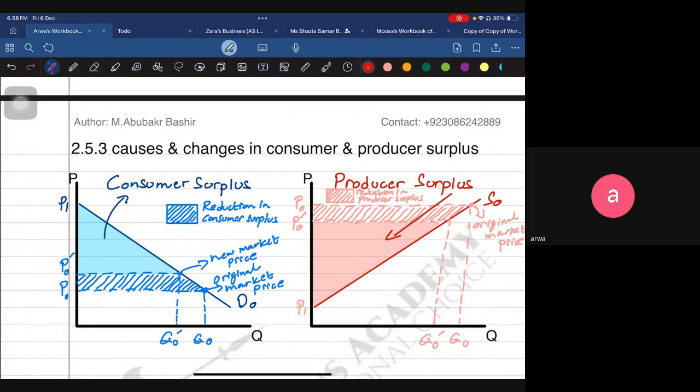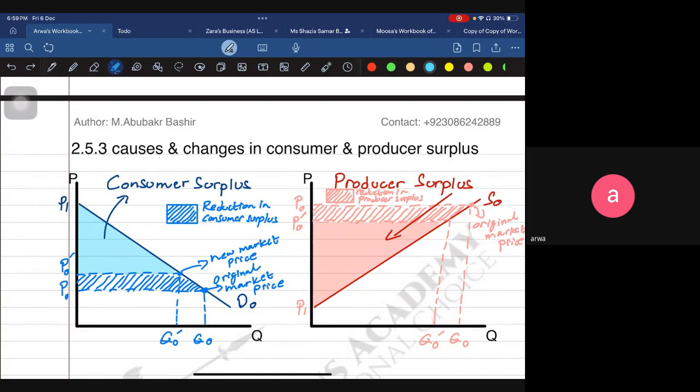Okay. So if there was nothing happening, you should know that this area would also have been in the producer surplus, but it is not, right? Yes, sir. And the same way, if there wasn't an increase in the price, this area would also have been part of the consumer surplus, which is not right now because the price has increased.